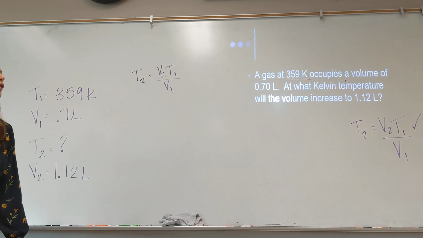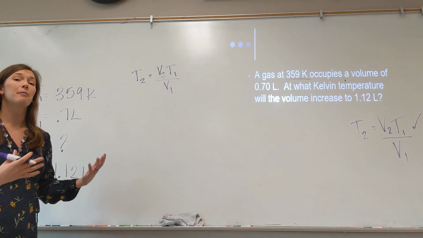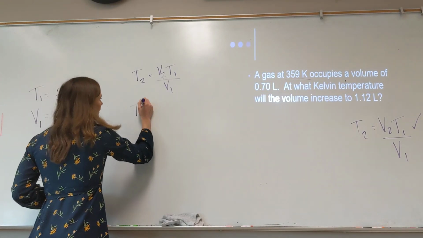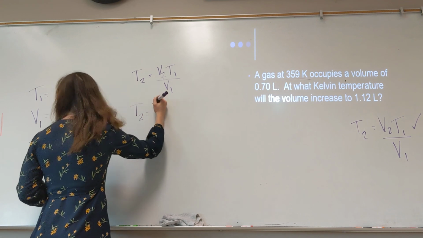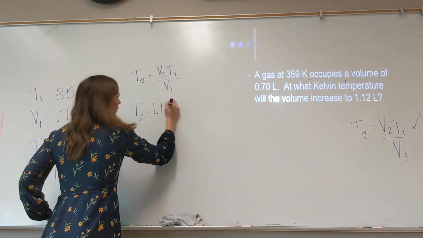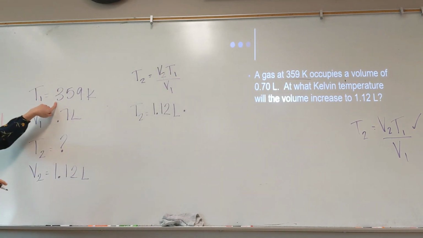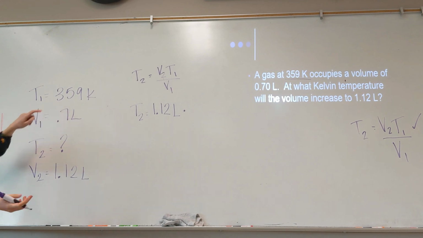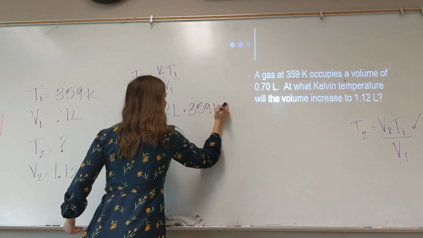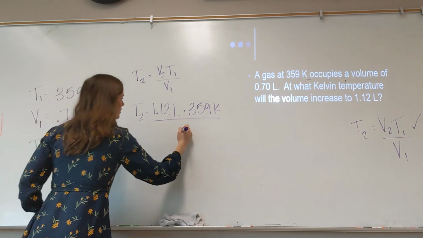And now I can just plug everything in, again making sure that you plug everything into the proper locations. V2 is 1.12 liters multiplied by T1, which is the only temperature we have, 359 Kelvin, divided by my V1, it's 0.7 liters.